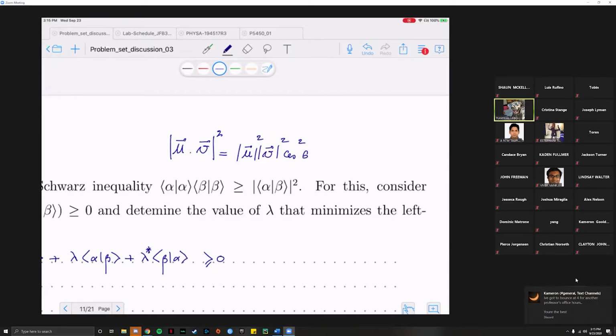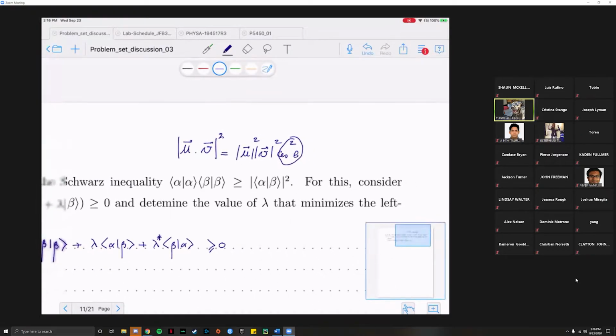And so you see that as a consequence, the product of the squared magnitude of u with the squared magnitude of v is greater than the magnitude square of the dot product of the two vectors, because this number is always smaller than 1. You're good with that? Yep.